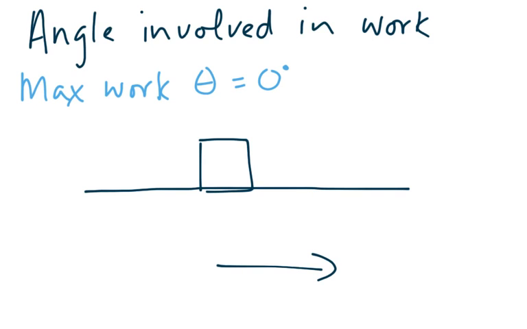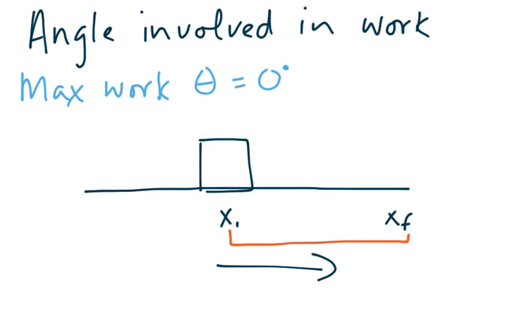I want it to go from its start point to its end point here, okay? It is going to get displaced this length, all right? In order for that to have the biggest impact possible, I want there to be no degrees of separation between the force that I'm applying and the actual plane of the distance.